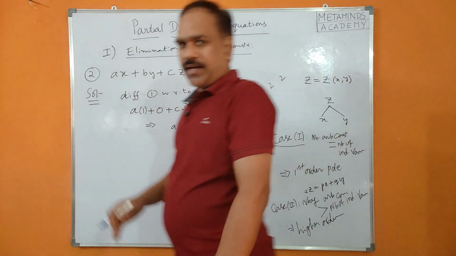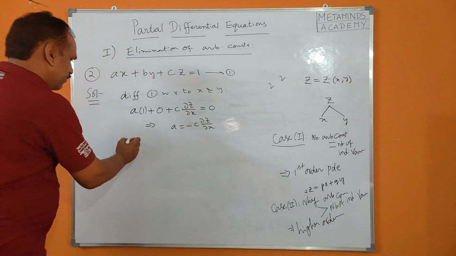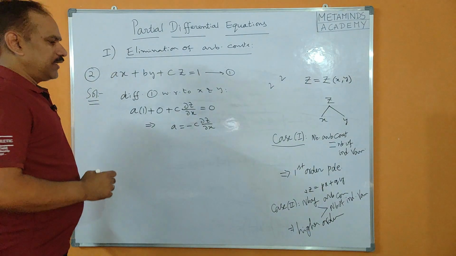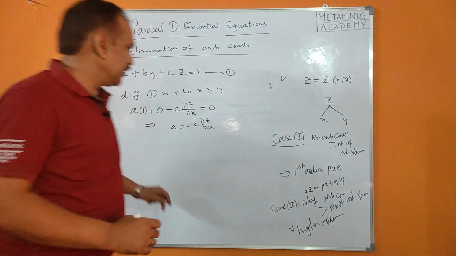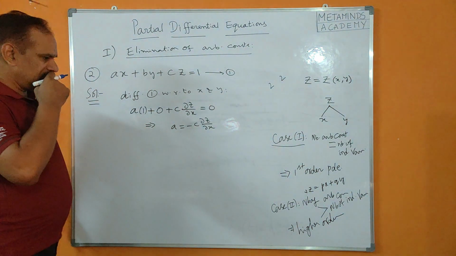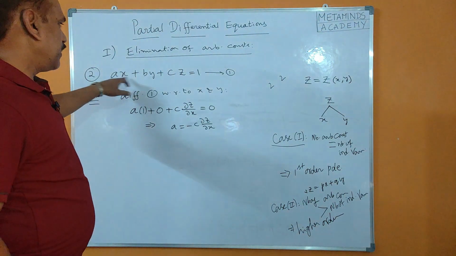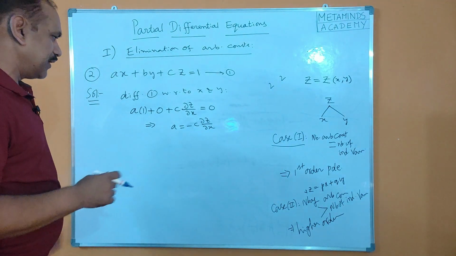You will get a higher order partial differential equation. So therefore, here in this case, you have a, b, c, 3 arbitrary constants, and that is greater than number of independent variables x and y. x and y is 2, right? So number of independent variables is 2, number of arbitrary constants is 3. So 3 is greater than 2, therefore you will get a higher order.